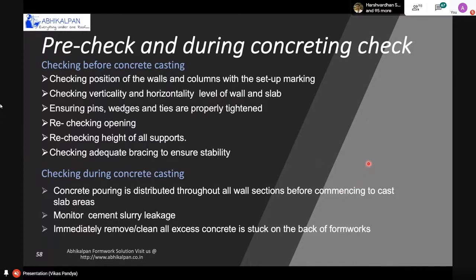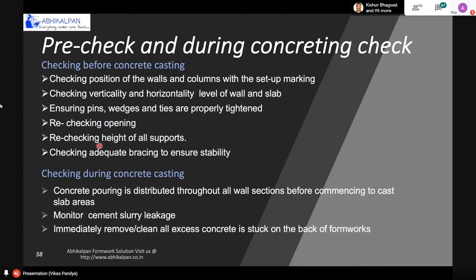Then we must check all the wall ties and pin wedges, because if your labor has forgotten to place wall ties at some place, then it might lead to an accident at your site. So you must take care of pin wedges and wall ties before casting.